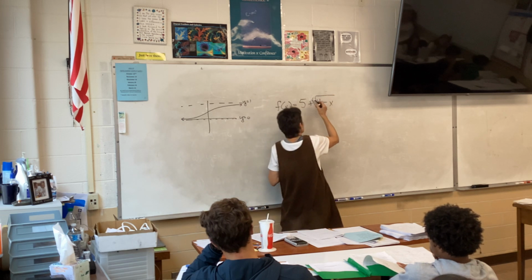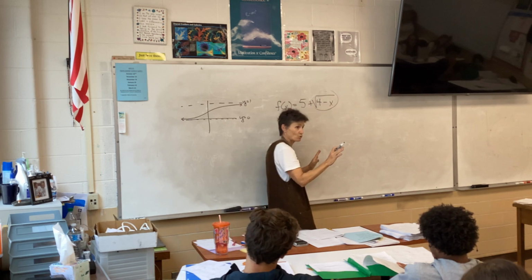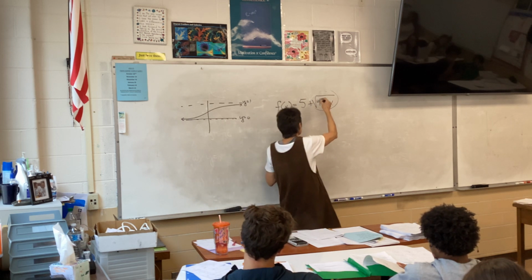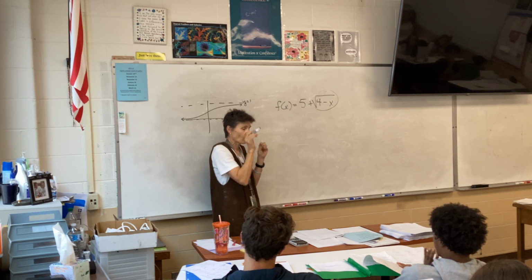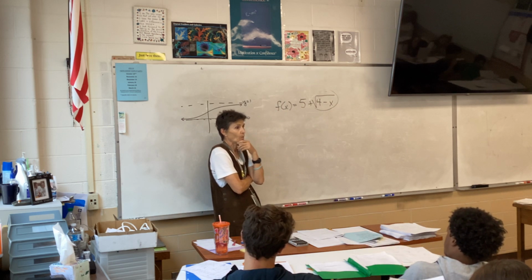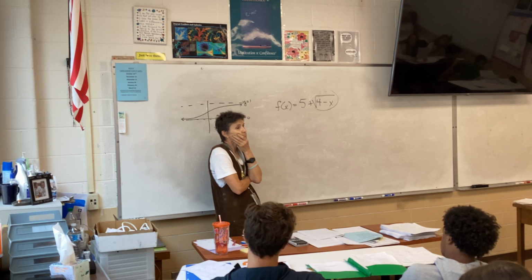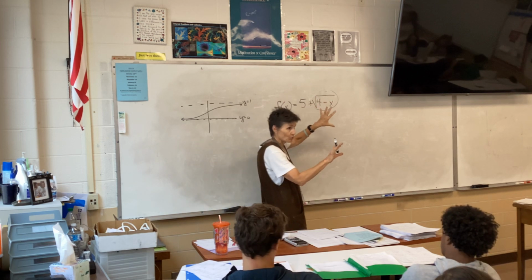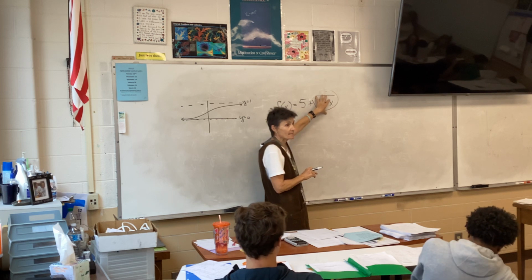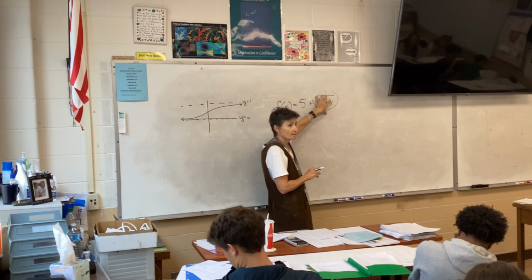I have no idea what this is. There are some domain restrictions on it. But whatever I get when I do 4 minus x and take the square root, would you agree it's going to be 0 or bigger? Yes. So the minimum value for this part right here is 0.